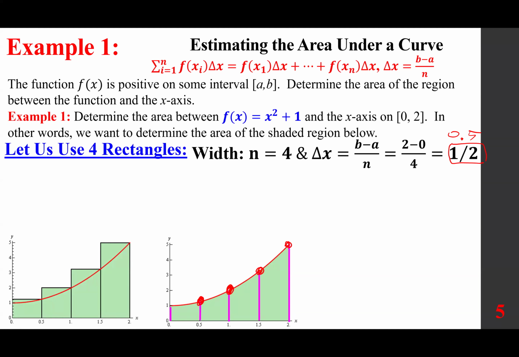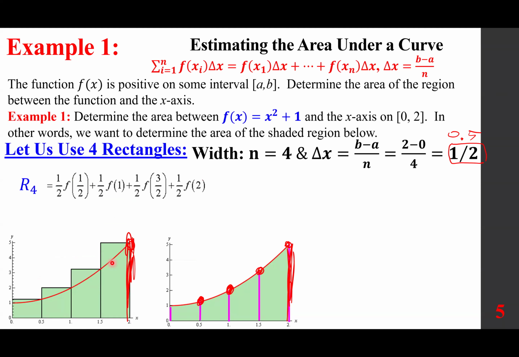So, for example, this one is f of 2. That is the height, everybody. The width is fixed at 1/2 or 0.5. So to calculate, we're going to call it R4 because we are using the right endpoints. The width is fixed at 1/2. The height, f of 0.5 or 1/2 plus f of 1 and so on.